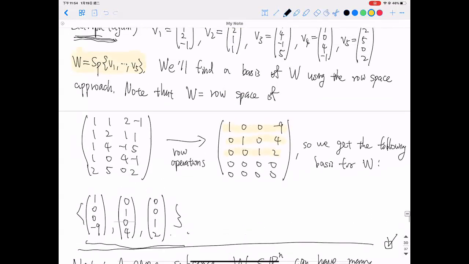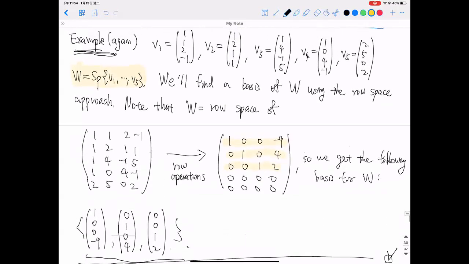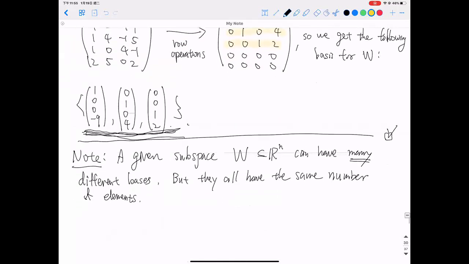Certainly in the example above, this space W has a basis that consists of 3 vectors, and the other basis that we found, which is a subcollection of the V's, also consists of 3 vectors.